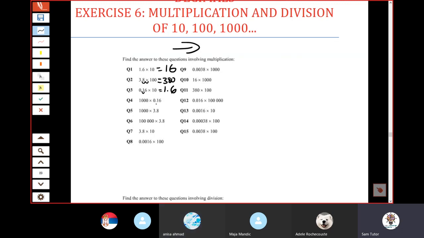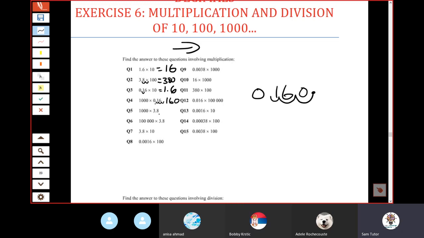Bobby, 1,000, which is 3 places to the right. 1,600. Incorrect. Wait, 160. 1, 2, 3 becomes 160. Correct. Careful.